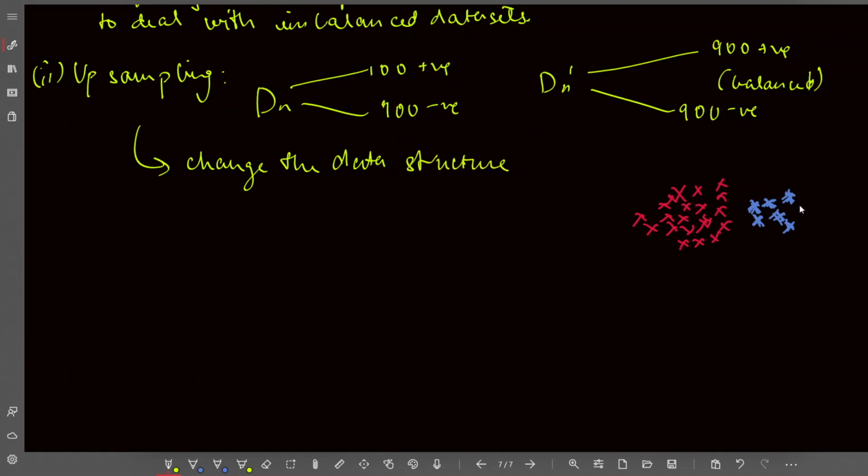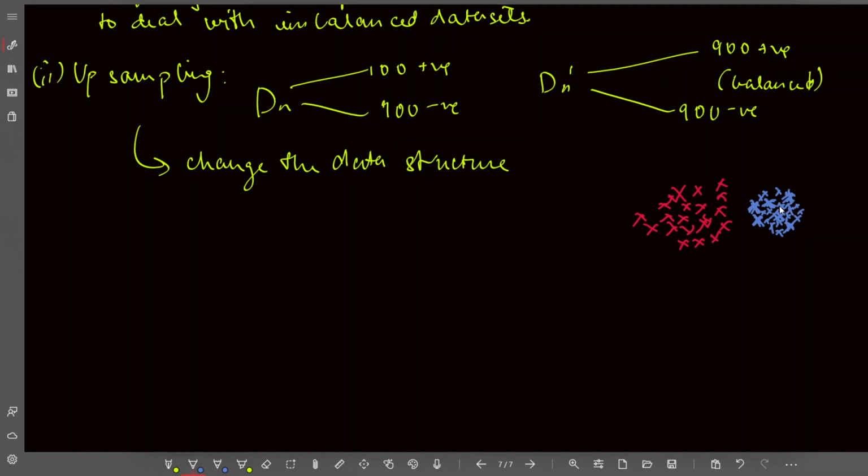What that means is that I have the positive points here. What I'll do is, close to these points, I'll add more new points. I'm basically making my new data points, and I'm adding them here over and over again. How you would want to do it is, you would set an upper bound and a lower bound. You would try to find the central point of all the positive points, and then you would set new points inside that range.